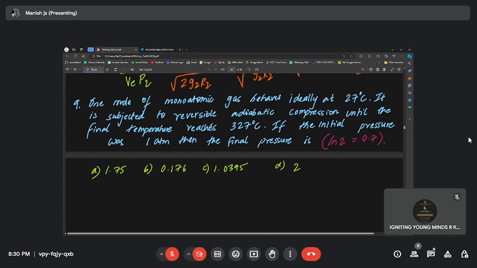And it is subjected to a reversible adiabatic compression until the final temperature reaches 327 degrees Celsius. So under these circumstances, if initial pressure was 1 atmosphere, then they're asking you to predict what's the final pressure. So that's the question.